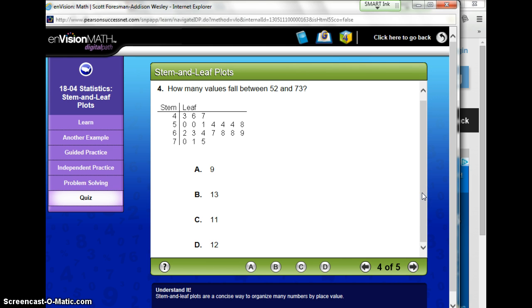How many values fall between 52 and 73? Cole? Another 13. So 52 starts here, and 73, it's going to end here. So if you count all those up, there are 13 of them.